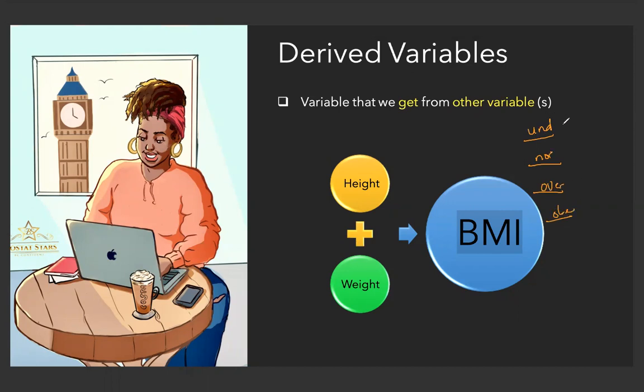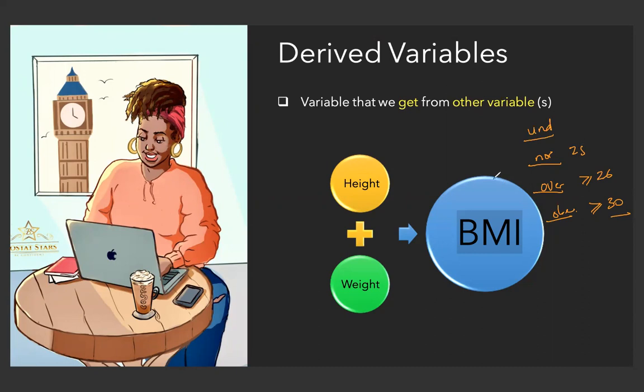Let me just write it. So you will understand what category you belong to when you calculate your BMI. So for example, if your BMI is greater than 30, you would know, okay, you're obese. If your BMI is, for example, 25 or less, you would know, okay, you're normal. If your BMI is greater than 26, for example, you would know, okay, you're overweight, but you're not obese.